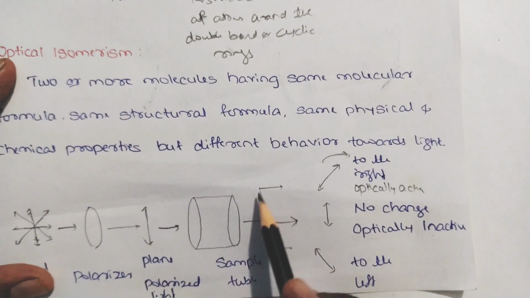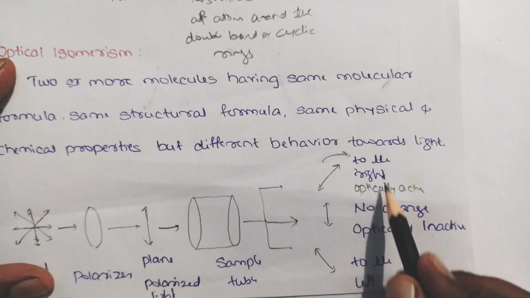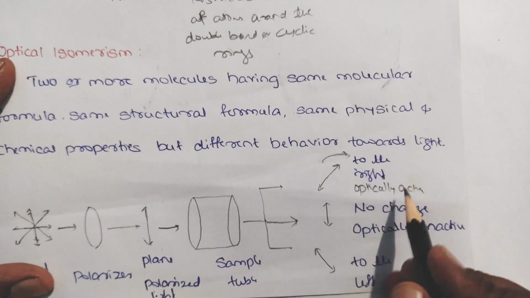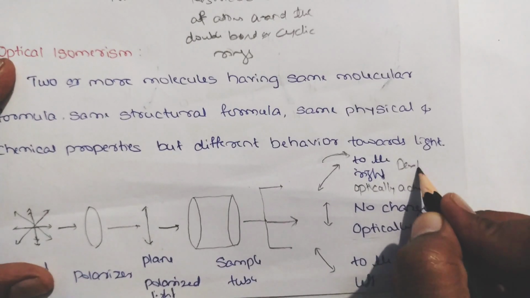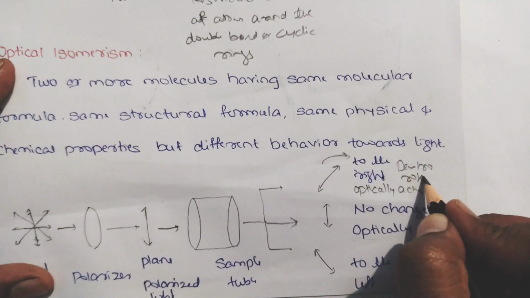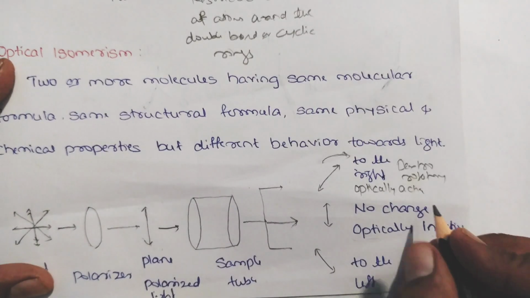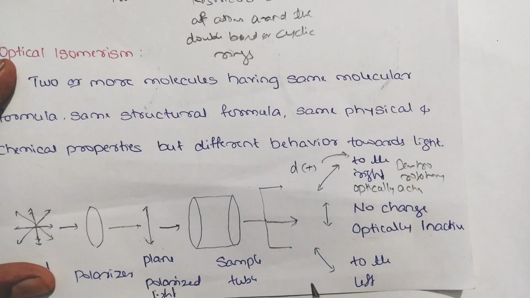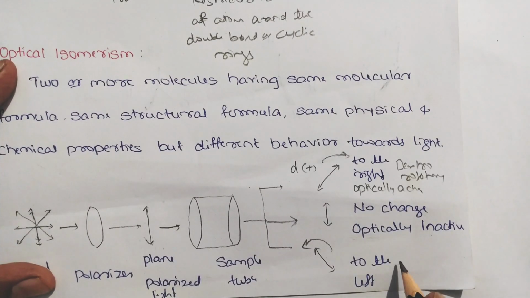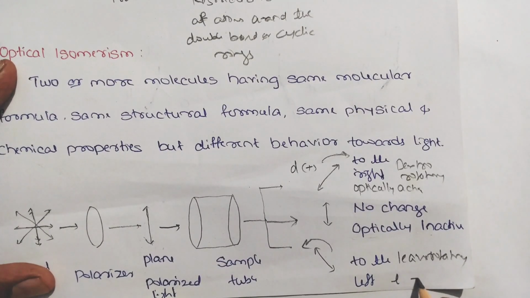The light is rotating in the clockwise direction, to the right side, hence it is called dextrorotatory. It can be denoted by D or a plus sign. And when the light rotates in the anti-clockwise direction, or to the left side, then this is called levorotatory. It can be shown either by L or by a negative sign.